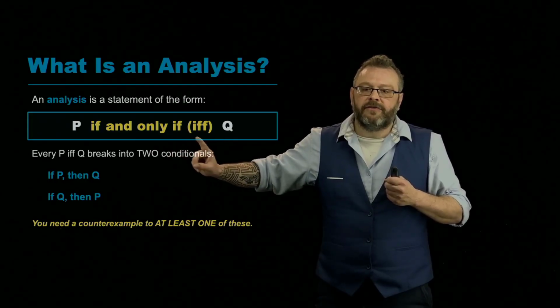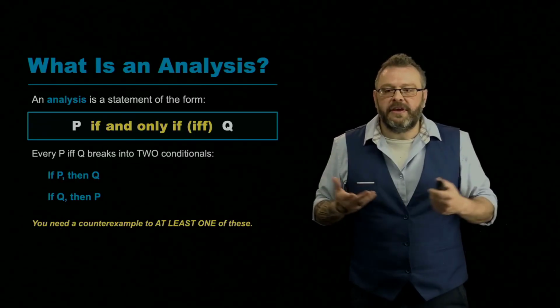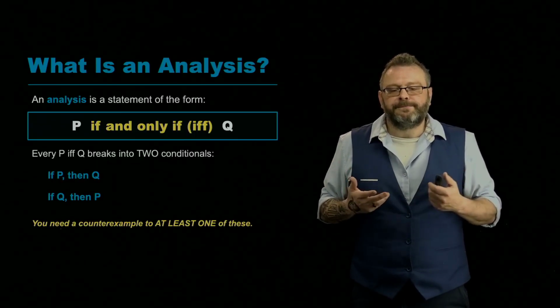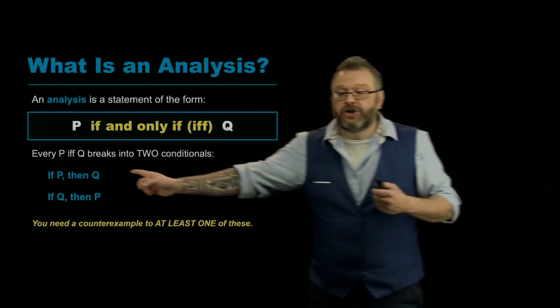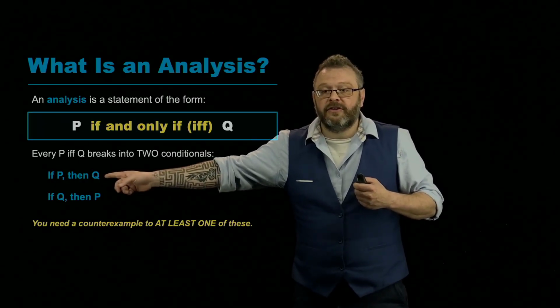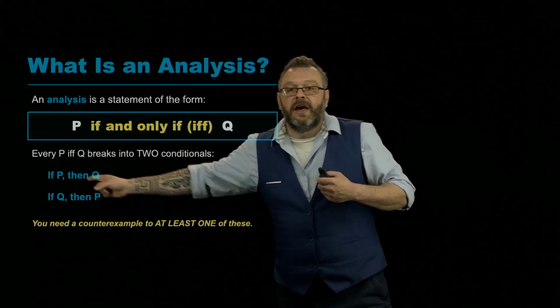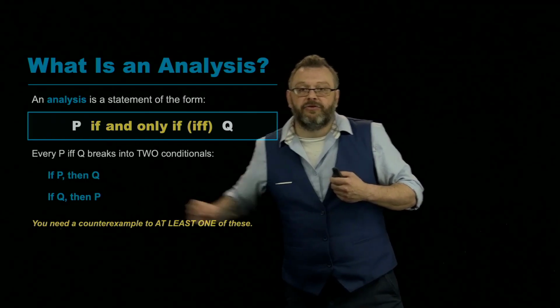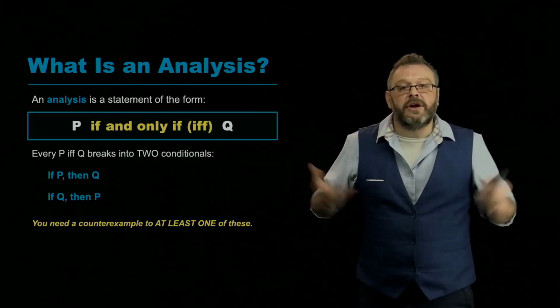And if and only if is often abbreviated as IFF. That's just shorthand for P, if and only if Q. What that unpacks to is actually two conditionals: if P is true, then Q is true, and if Q is true, then P is true.